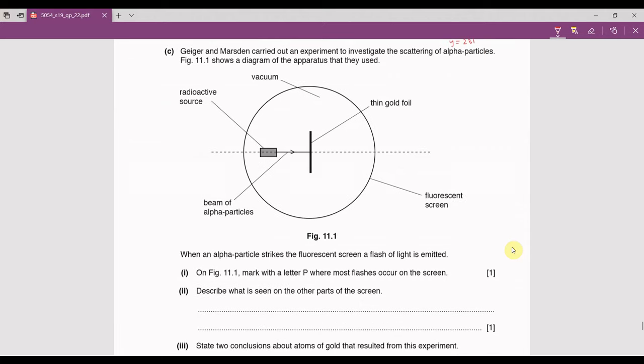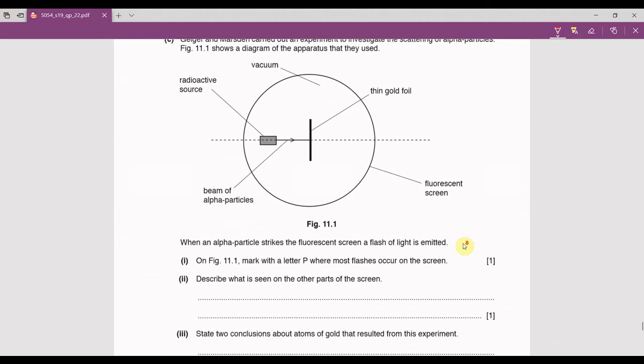Geiger and Marsden carried out an experiment to investigate the scattering of alpha particles, and a diagram of their experiment is shown below. So we have a radioactive source from which alpha particles are being emitted. Then we have a very thin gold foil, and then all around the apparatus we have a fluorescent screen. When the alpha particles hit the screen, it lights up and bright flashes are seen, and that's how you can see if the alpha particles are being scattered or going straight through.